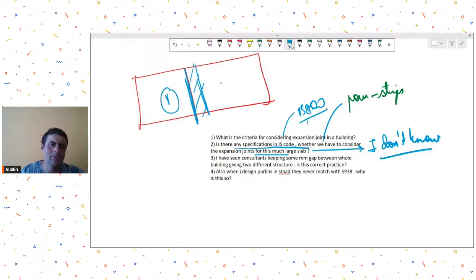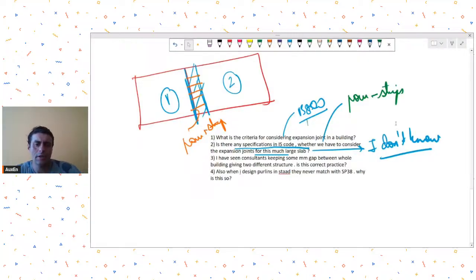You will cast this, then cast this, and let the temperature-related expansion and contraction happen, and then you will do this casting later. This is called a pour strip. So this is a strategy that you can provide.